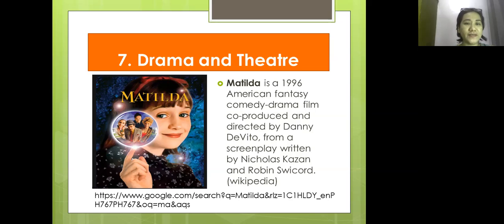So basically, this is all about a girl who had a very natural power to play with her mind. And at first, she went to school where she wasn't liked by anybody else, so she was able to do something that would overrule her community. So it was very neatly done.